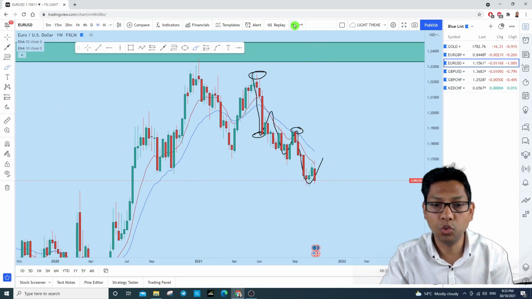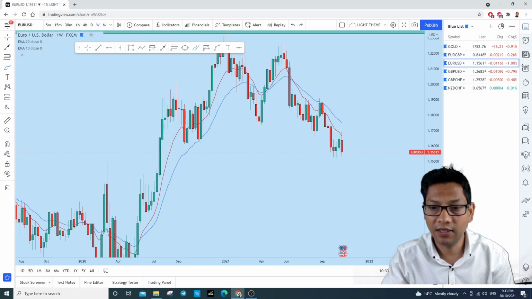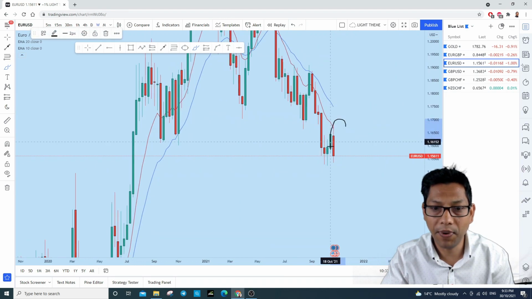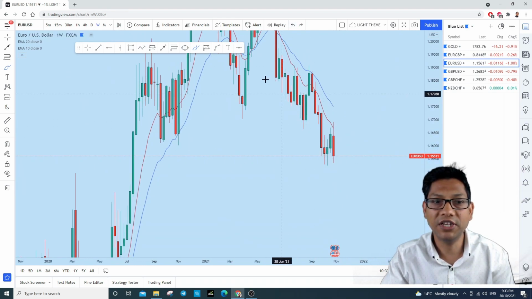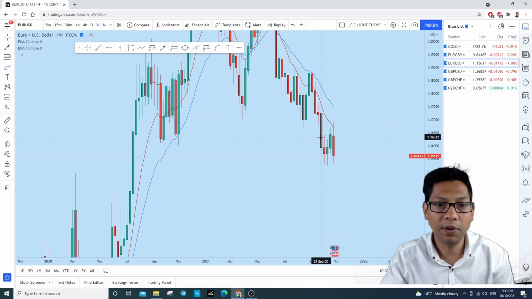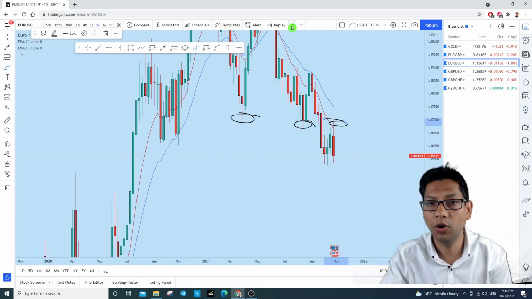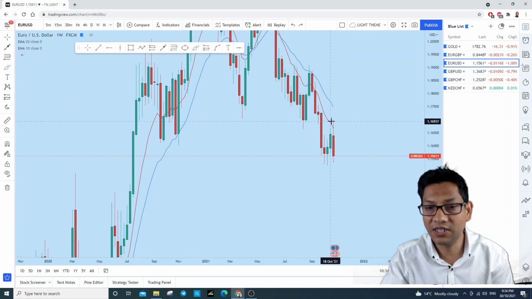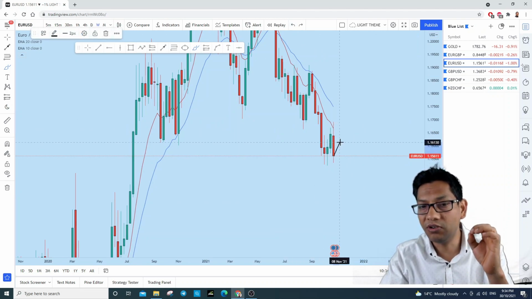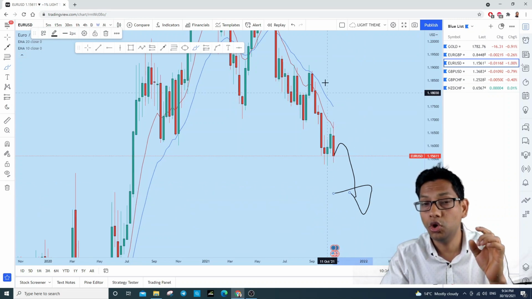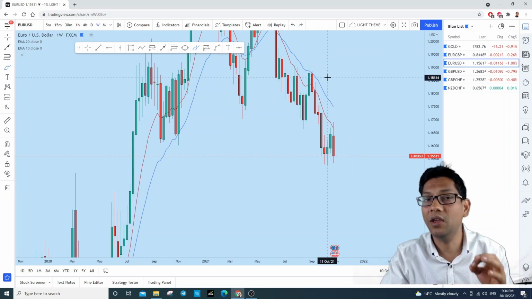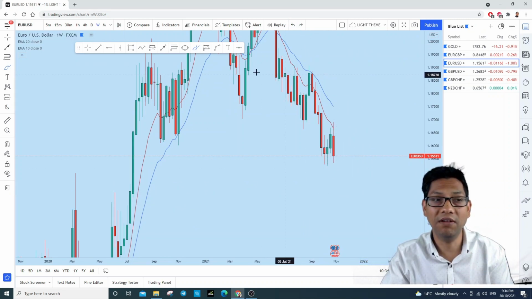Just the previous week, this red candle is also a strong bearish engulfer. In this bearish engulfer, the previous support here is now tested as a resistance. After this resistance, you can expect a little bit of retracement and then a drop. So on the weekly as well, we see bearish momentum.